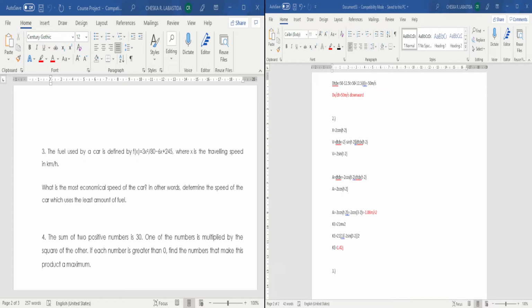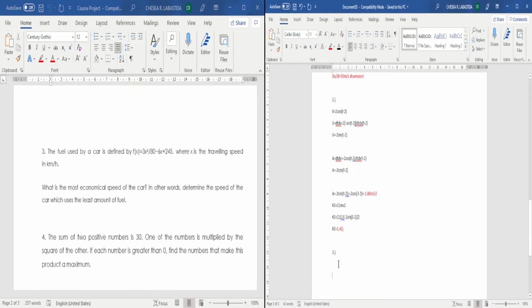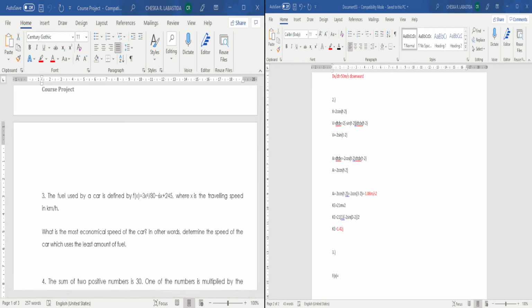Hence, the speed that minimizes fuel intake is 40 kilometers per hour. So let's check for that.